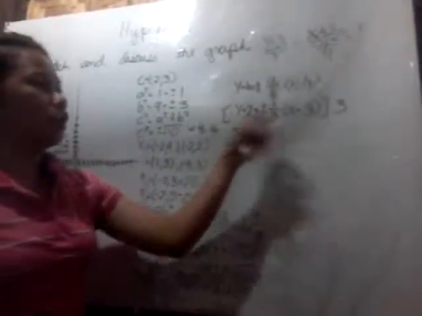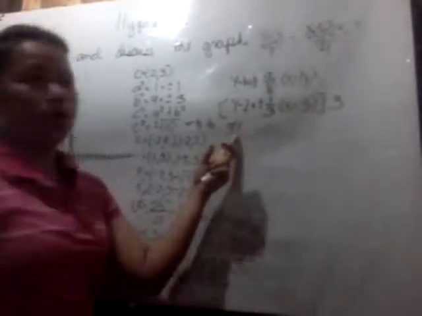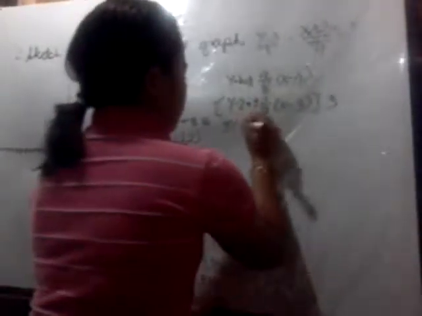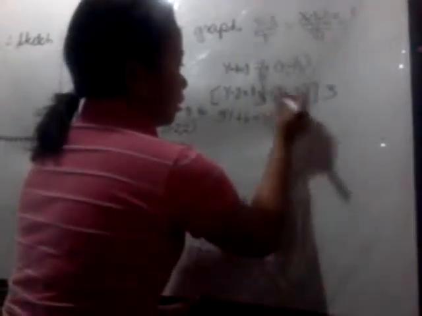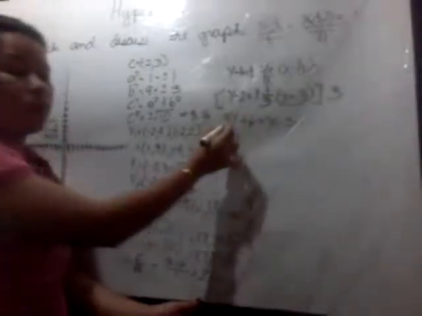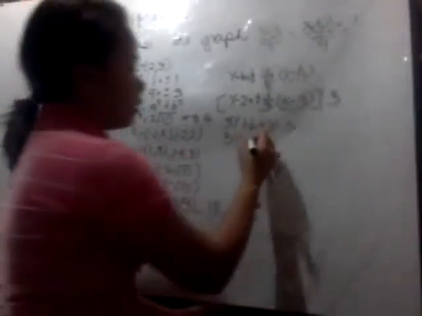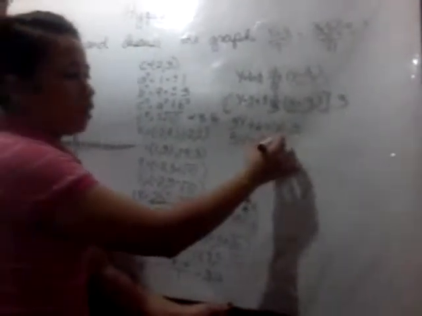So 3y times 3 is 3y. Then 2 times 3 is 6. There. Then copy this. There you go. So 3y now again. Copy from here, and x here is copied from here, then 6, then 3.